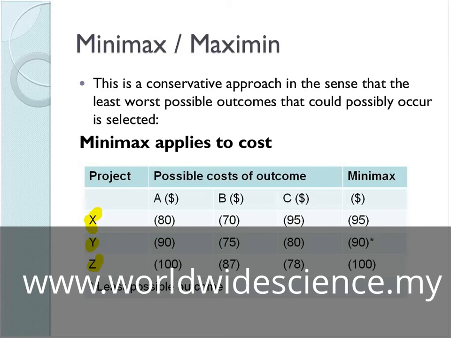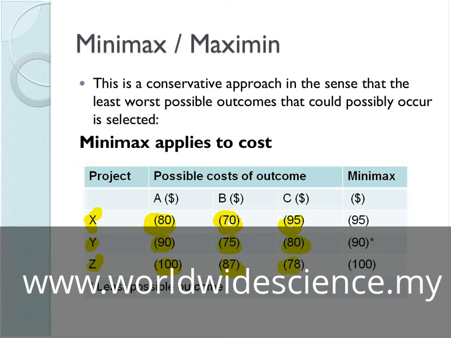So for project X, it could be $80, the variant B is 70, or 95. In project Y, you can see the possible costs can be 90, 75, or 80. And respectively, project Z could cost 187 or 78.